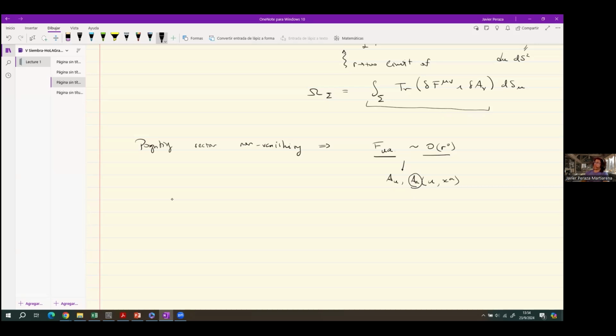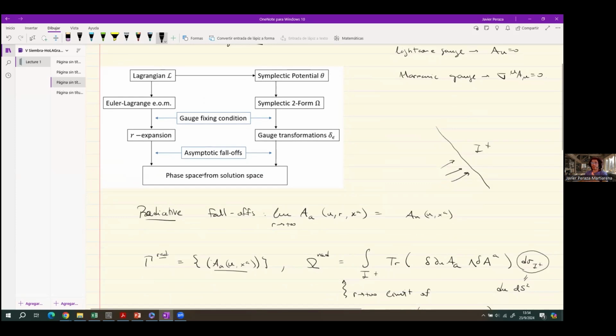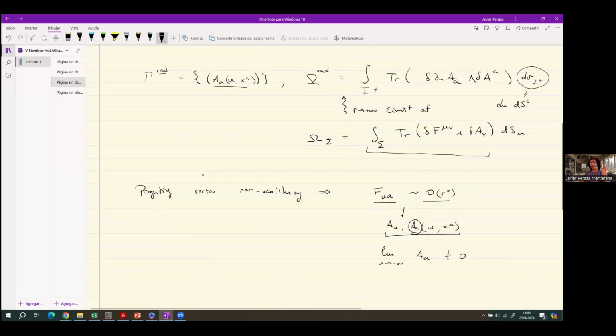One of the main things is that if you take the limit when u goes to minus infinity of A_A, it is not zero. It's actually a function on the sphere, and that implies that all the usual machinery is only partially correct, because now you have something non-contributing at spatial infinity.